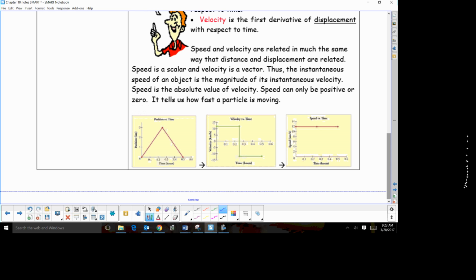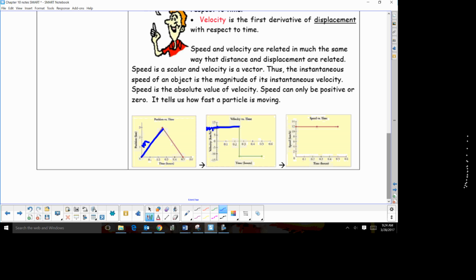So if I look at this, if this is my position versus time graph, right? How much, where I'm located. When I take the derivative, where does this come from right there? From the what? Yeah, that slope, right? Whatever the slope is of that line, that's where that's located.